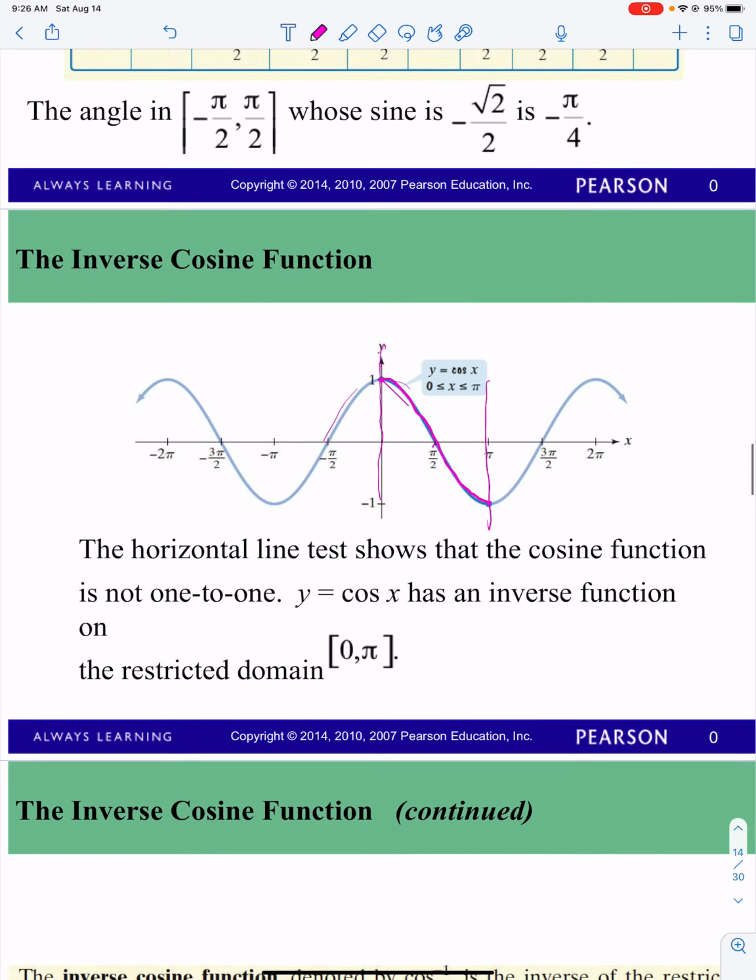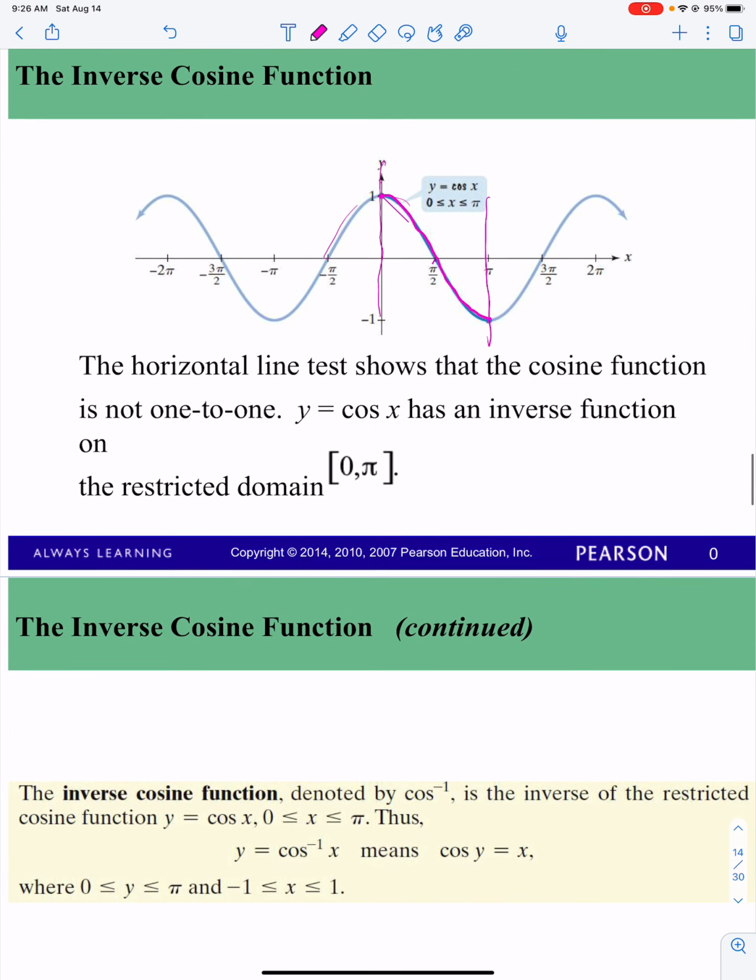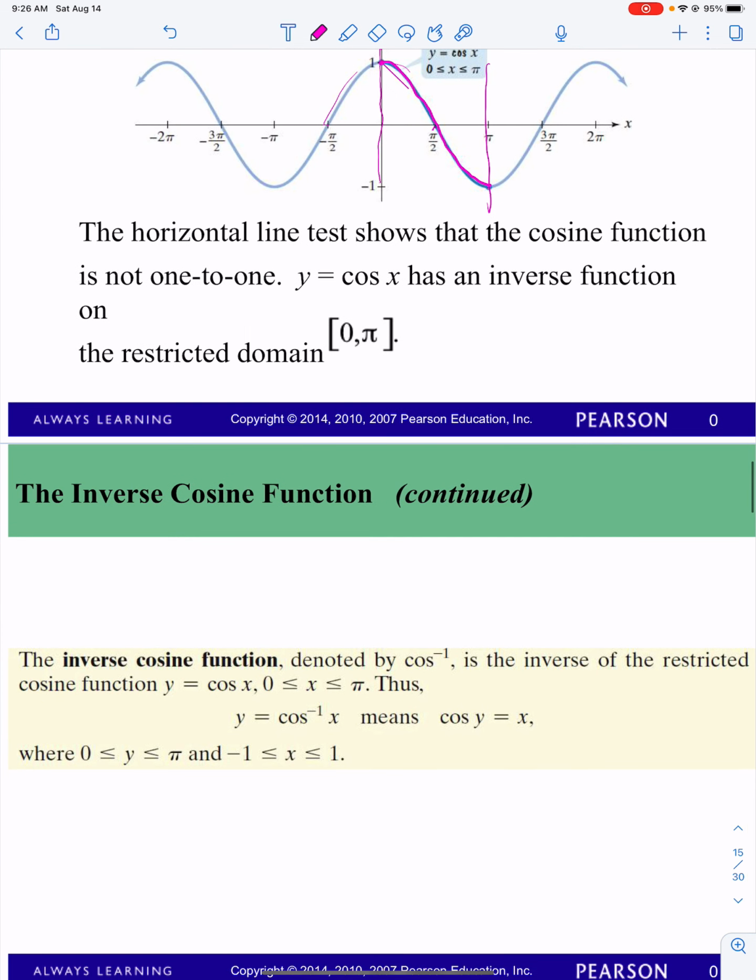So y equal to cosine x, for this part we choose the domain 0 to pi. Range will be negative 1 to 1. In order for the inverse to exist.